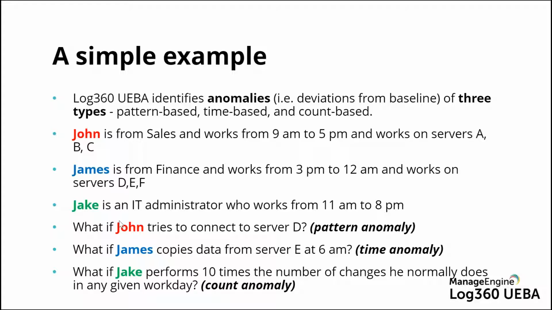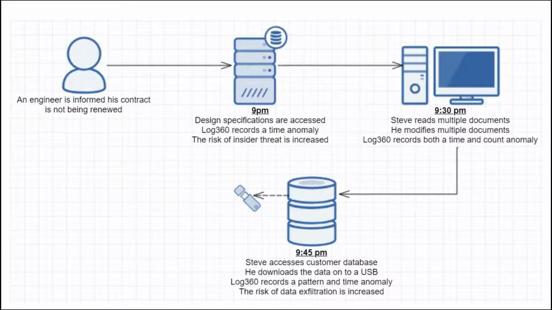Now I'll give you one more example to explain that in a little more detail. Let's say you have a contract engineer working for your organization. Let's call him Steve. Steve is one day informed that his contract is not being renewed, and he's not very happy about that.